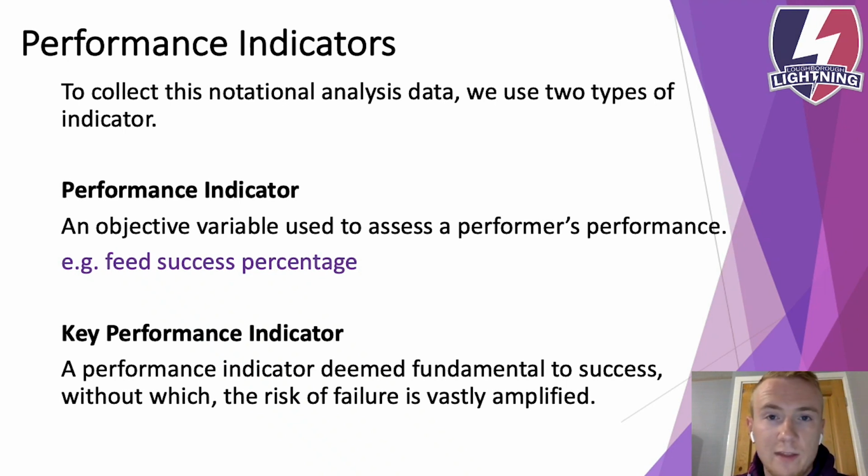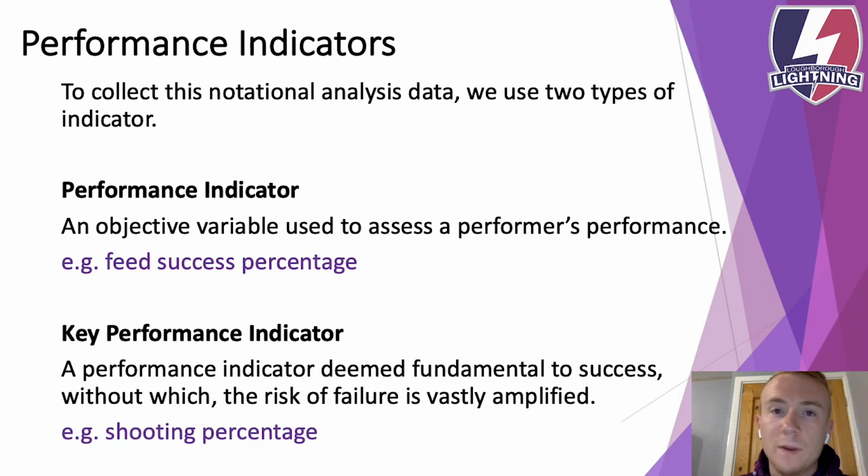So the obvious one there that you'll all have in your heads already will be the shooting percentage. So as a shooter, if you're not able to successfully score your goals from your opportunities, then you're going to have been classed as failing in some way, shape, or form on that particular indicator.